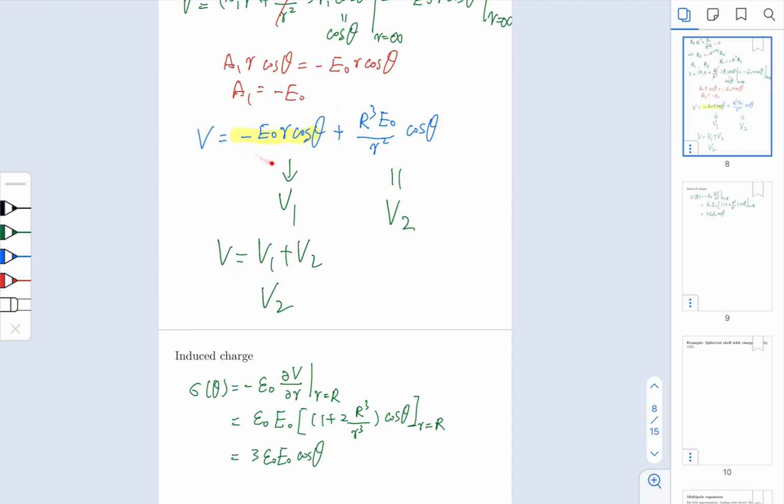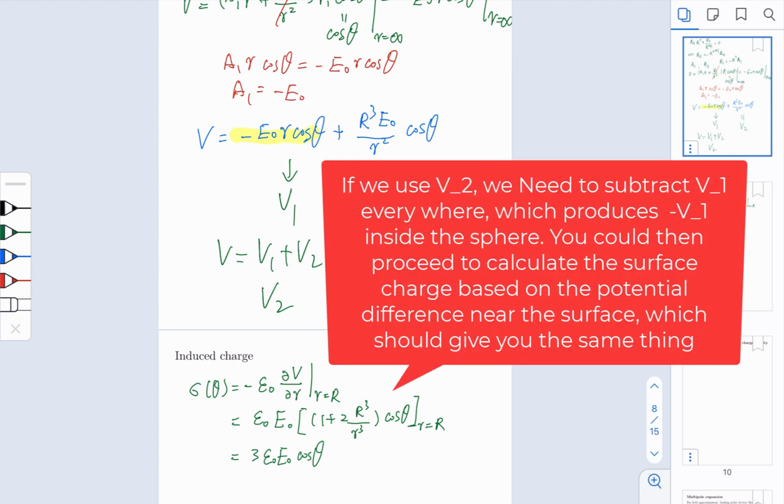If you calculate the derivative of this term, it should be giving you 0, and you shouldn't see any charge distribution caused by this term. So either way is fine. So I think you can use this one or use the total.